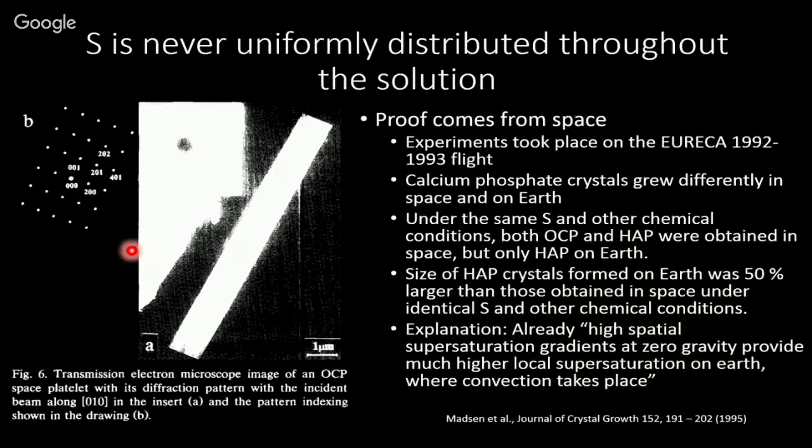It's dependent on the convection, and that's just a natural effect. It's also like pH, for example: if you measure pH next to the vessel wall, and you move from the vessel wall towards the inside of the solution, you'll realize the pH changes by a couple of units. So these things are very difficult to predict.